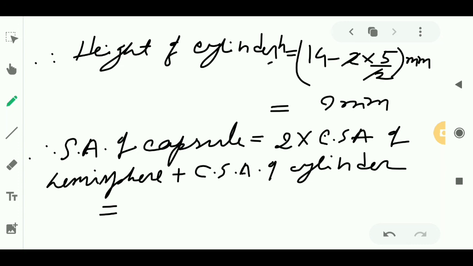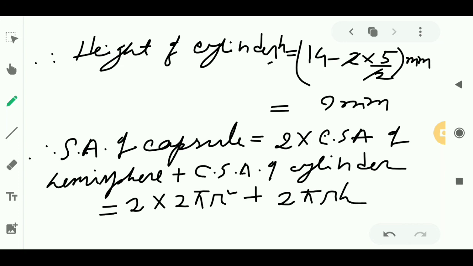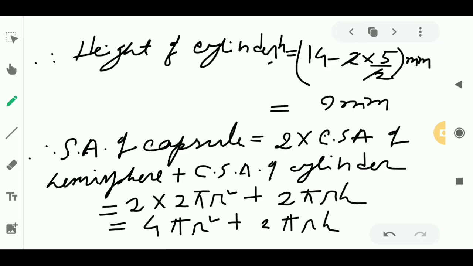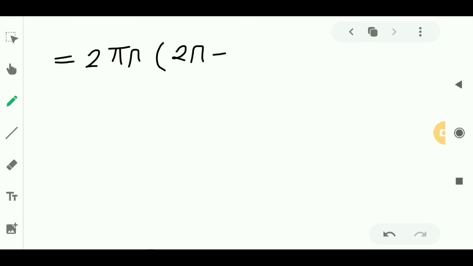So 2 into 2 pi r square plus the cylinder's area, which is 2 pi r h. 4 pi r square plus 2 pi r h. So here we can take 2 pi r common. So I will take 2 pi r common. So what is left here? 2r, because 4 pi r square is there, 2r plus h.